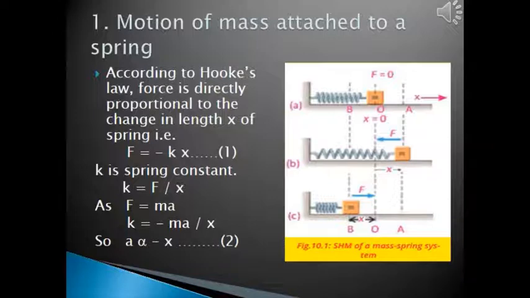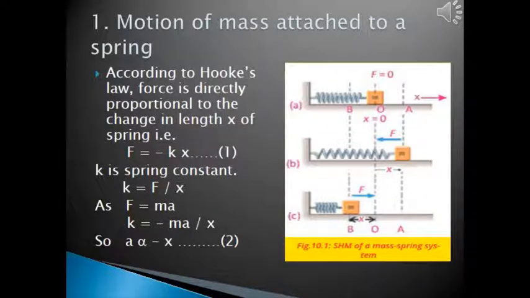When we apply a force on the spring, it will move towards point A, which is an extreme position, and when we leave the spring, it will compress towards point B, which is the other extreme. After some time, it will become stable at point O, which is the mean position.